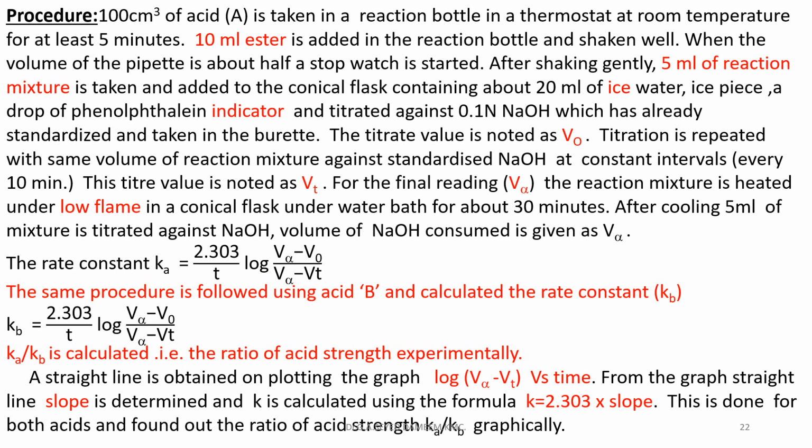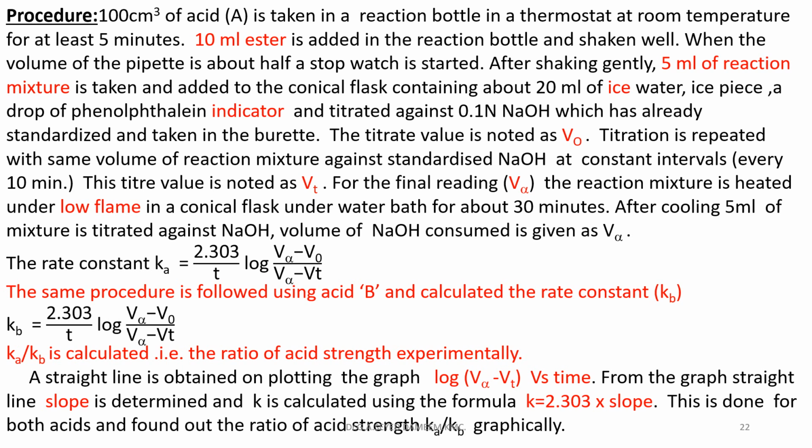After 10 minutes, the same volume, that is 5 ml of reaction mixture, is pipetted out into a conical flask which contains ice water and indicator, and titrated against the same sodium hydroxide solution taken in the burette.